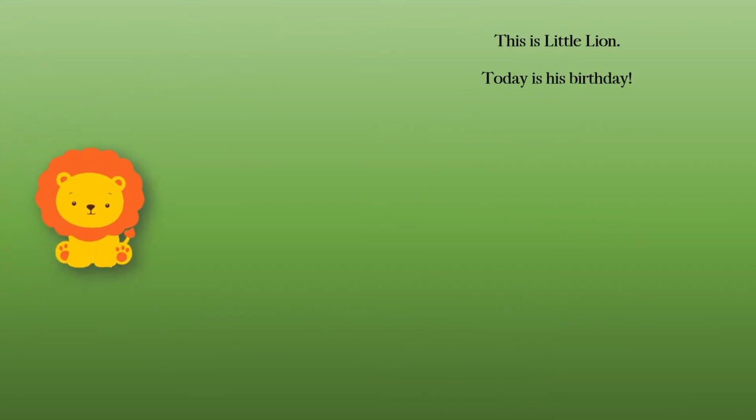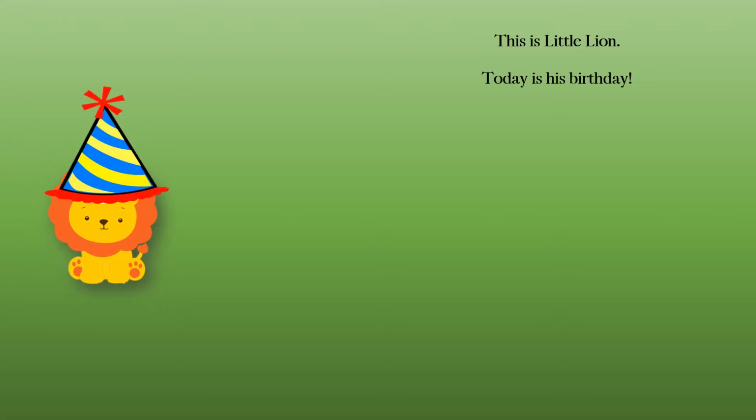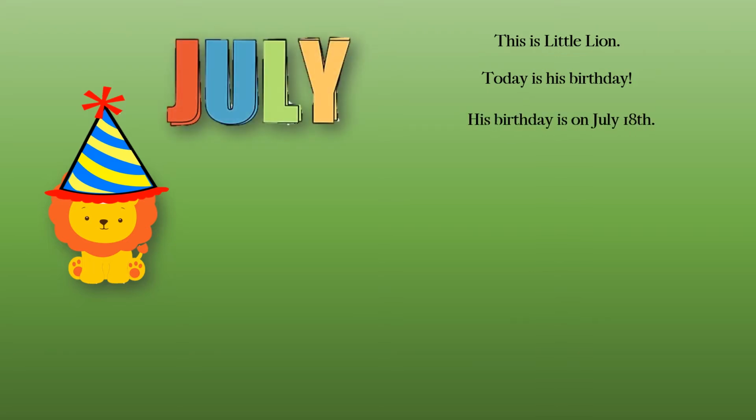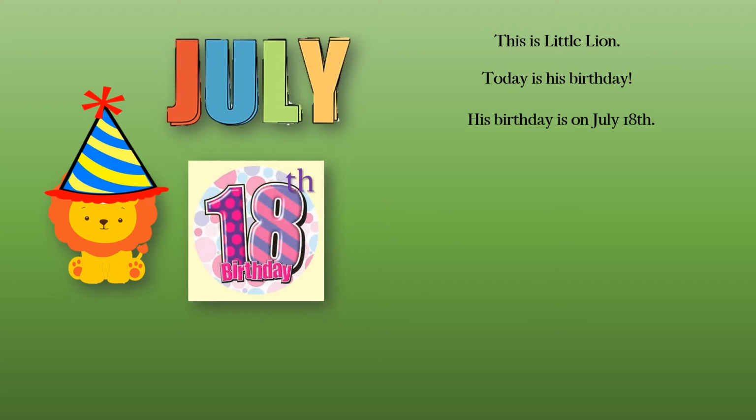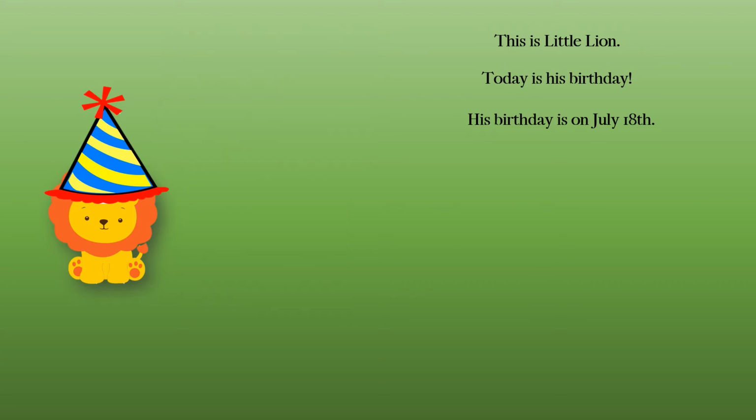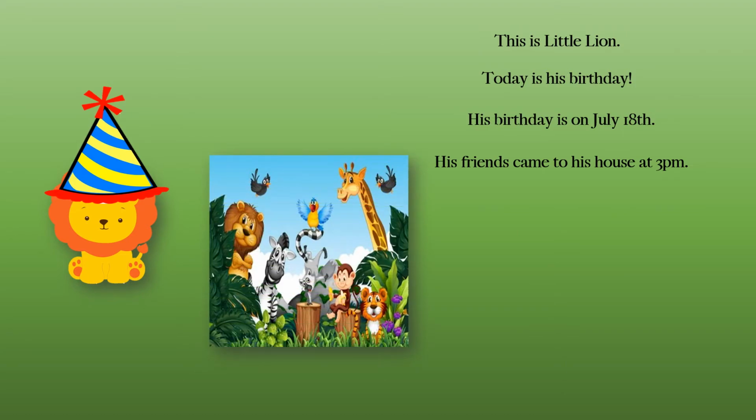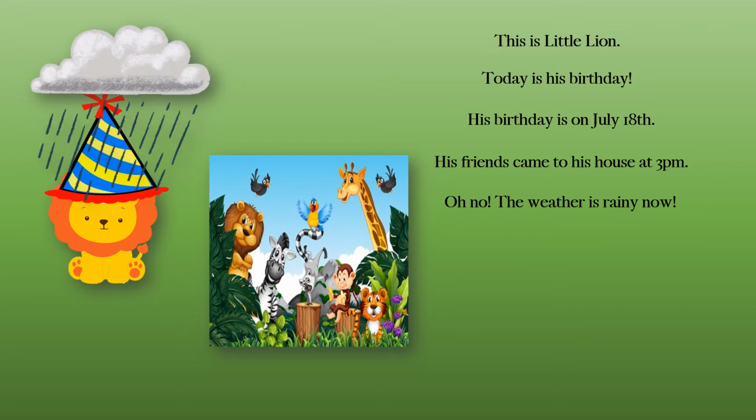This is Little Lion. Today is his birthday. His birthday is on July 18th. His friends came to his house at 3 p.m. Oh no, the weather is rainy now.